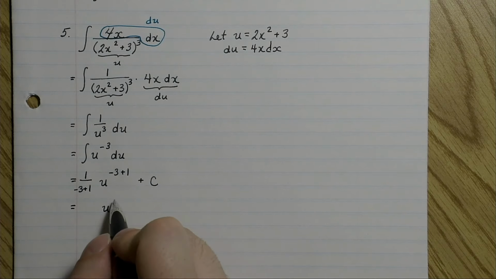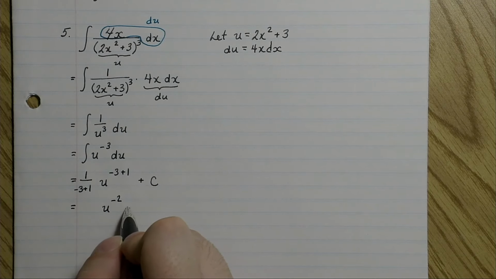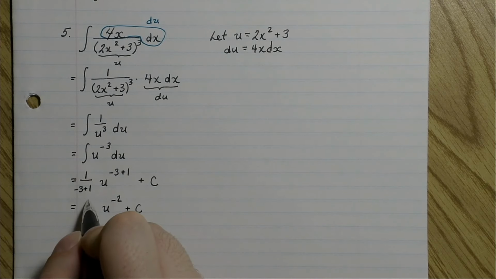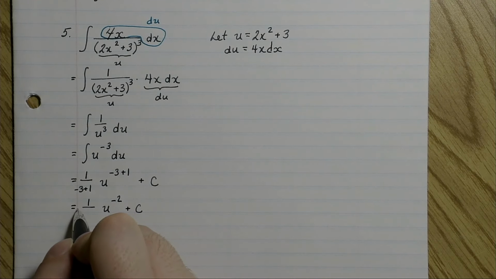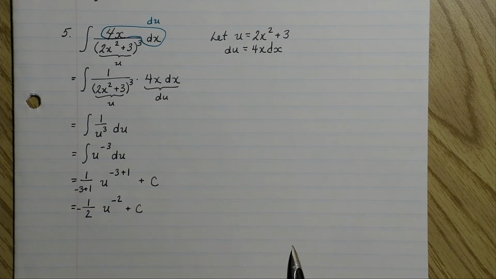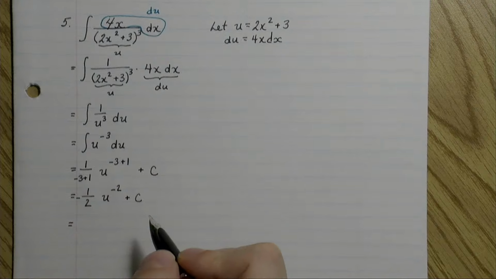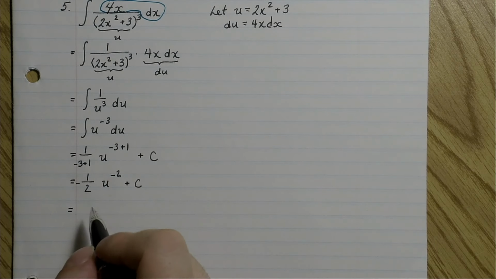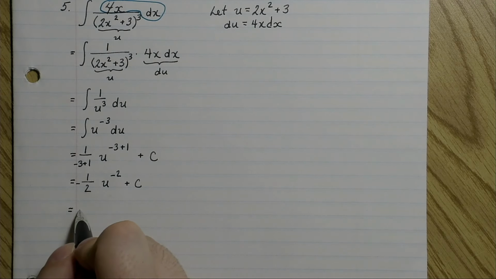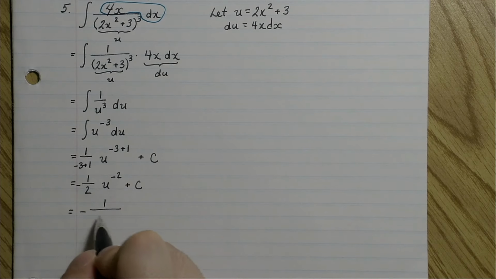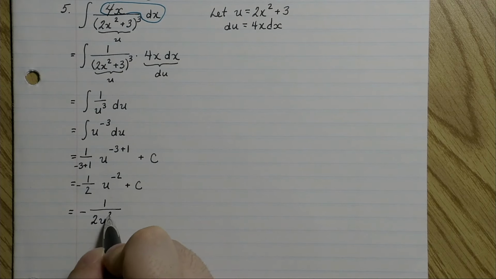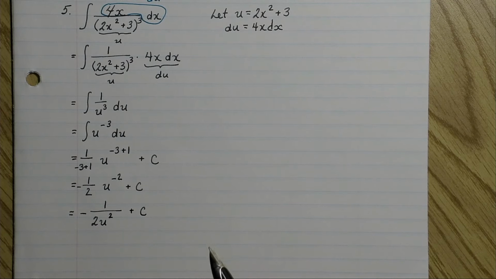So minus 3 plus 1 gives me minus 2, and minus 2 here. Which is also equal to minus 1 over 2u squared plus c.